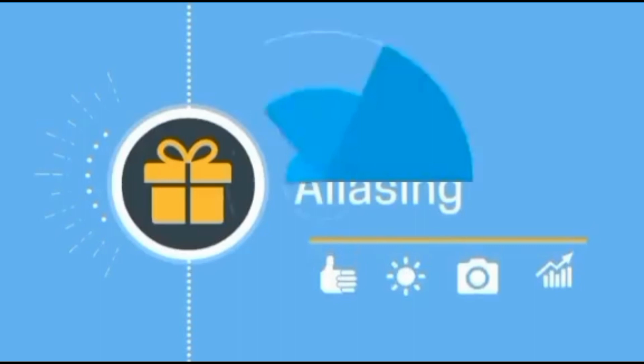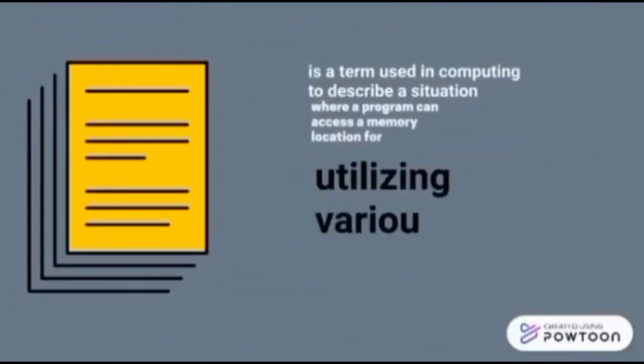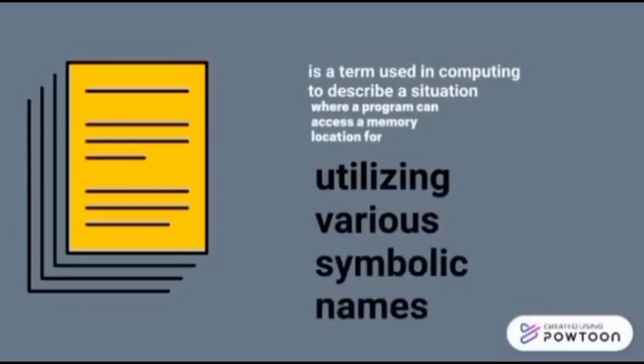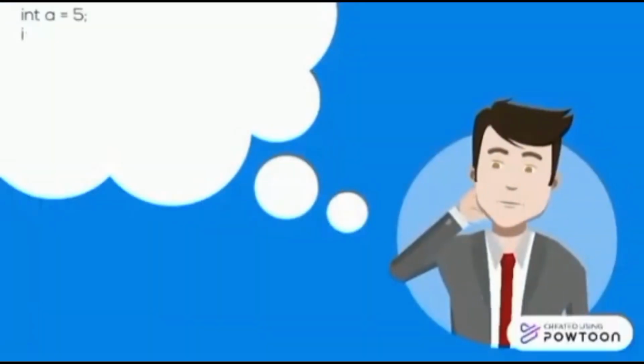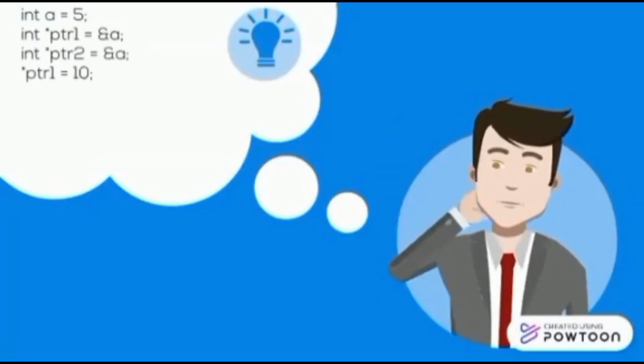Aliasing is a term used in computing to describe a situation where a program can access a memory location for data utilizing various symbolic names. For example, in this illustration, the integer variable has a value of 5.